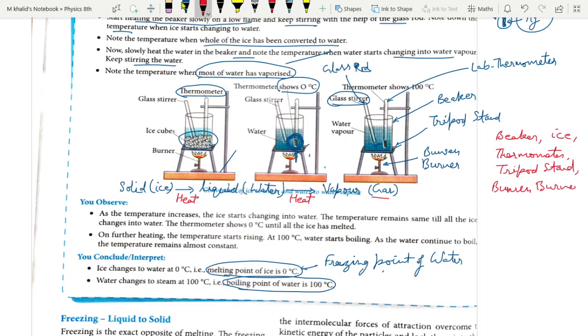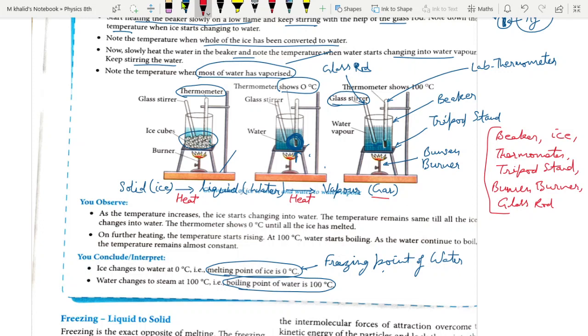A Bunsen burner is a special type of burner in which alcohol or spirit is filled. And a glass rod for stirring purpose. Okay, these are the equipment that we need.